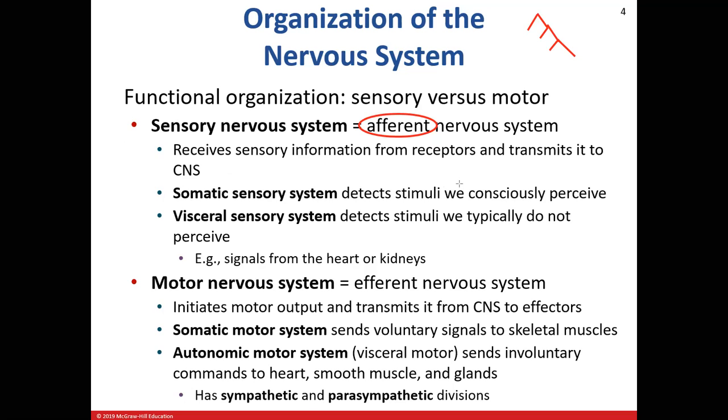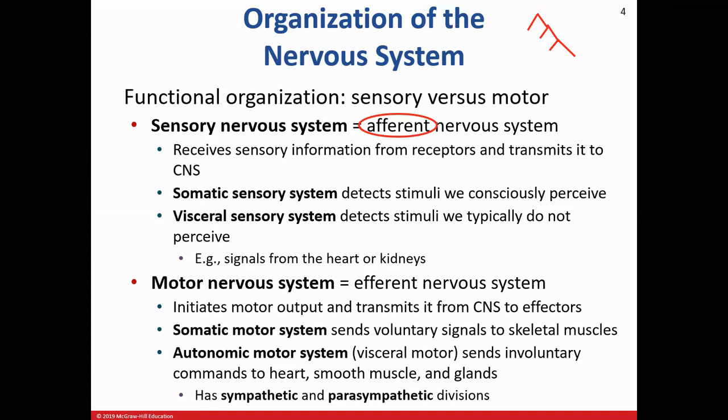So we consciously perceive motion. We consciously perceive feelings on our skin. We consciously perceive the stretch that we get in muscle tissue. So again, the somatic system is where we are detecting stimuli that we consciously perceive.